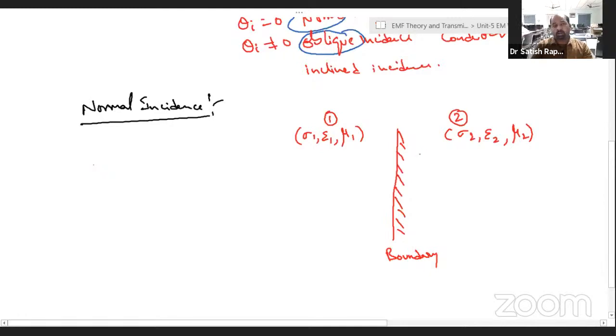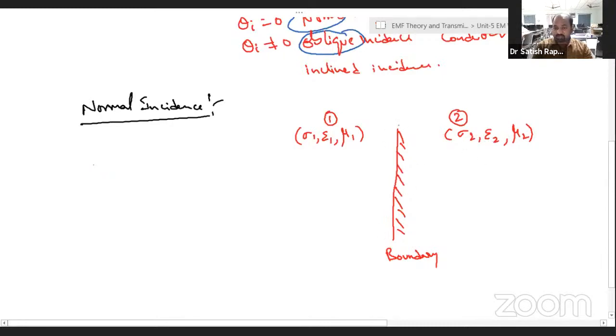Like that we have defined the characteristics of different media. Therefore, medium 1 is characterized by sigma 1, epsilon 1, mu 1, and medium 2 by sigma 2, epsilon 2, and mu 2.